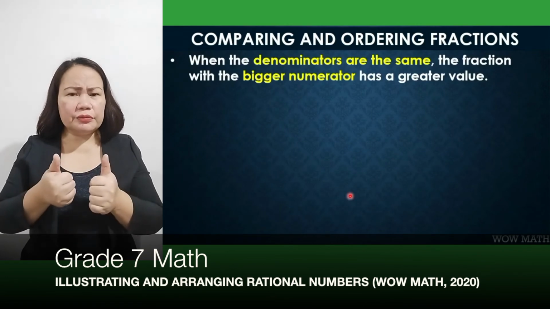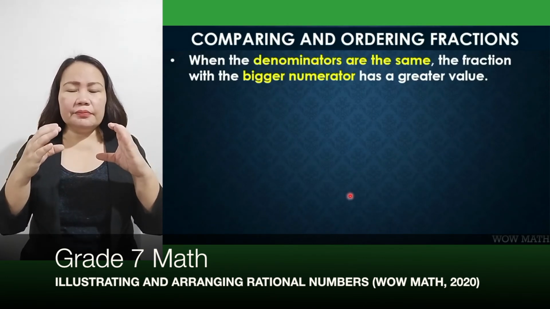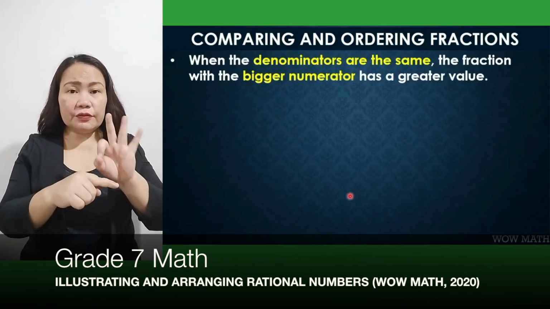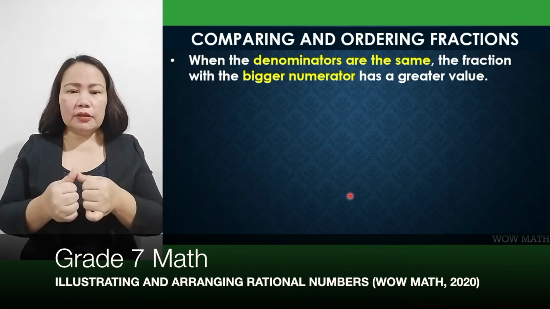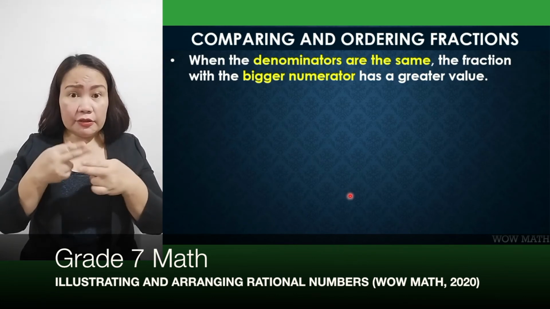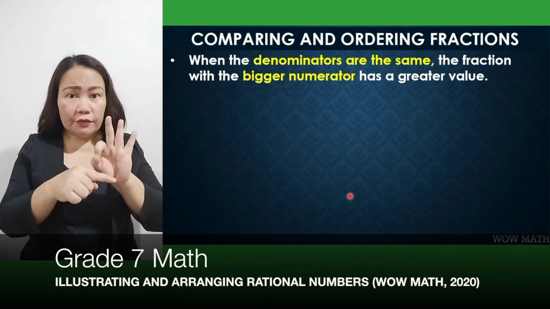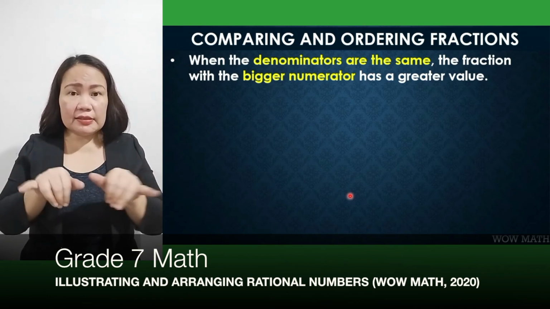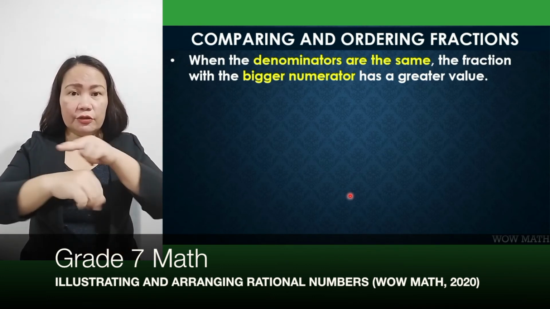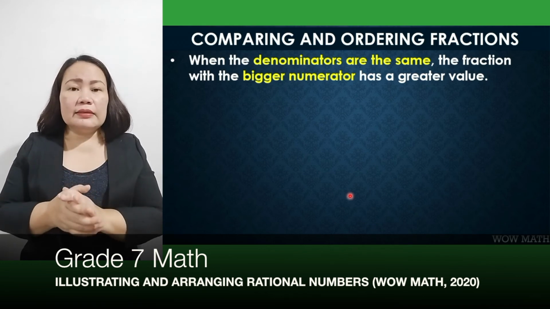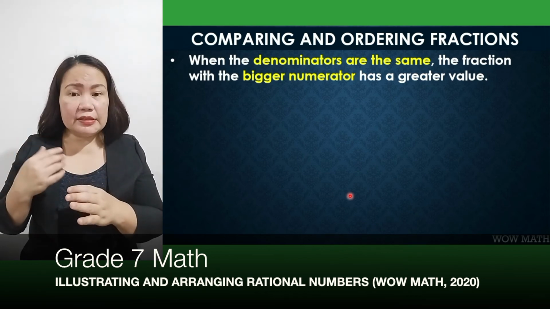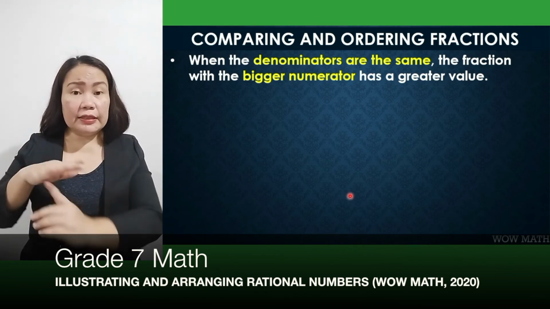Okay, so how are we going to compare naman? Compare and arrange fractions. Now, remember, there is a shortcut in arranging fractions if they have the same denominators. Unlike yung previous slide natin that they have different numerators and denominators.